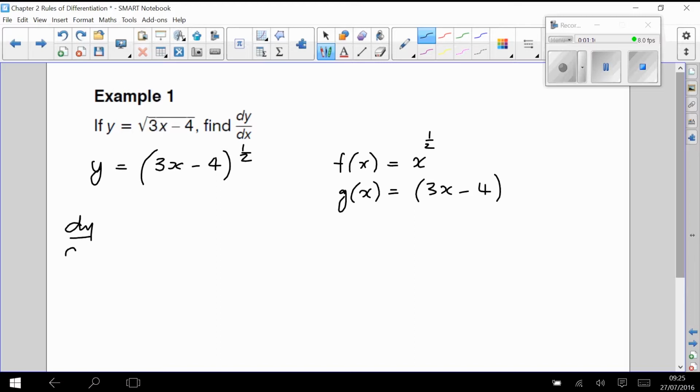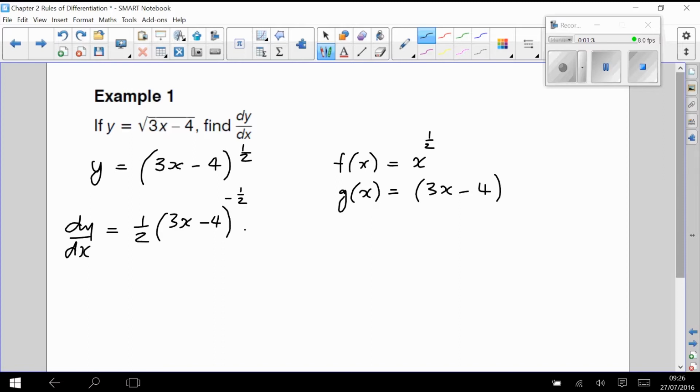So dy by dx must be the derivative of f of x. Remember, when I find the derivative of f of x, I treat the inner function 3x minus 4 as the x. In other words, I'm going to have a half 3x minus 4, and then a half minus 1 is in fact minus a half.